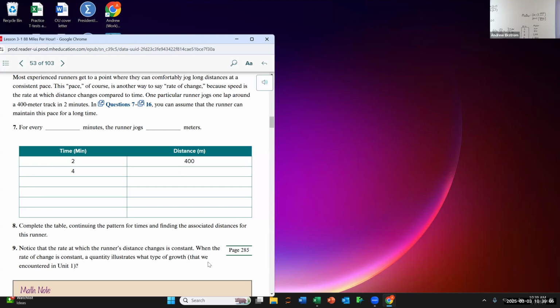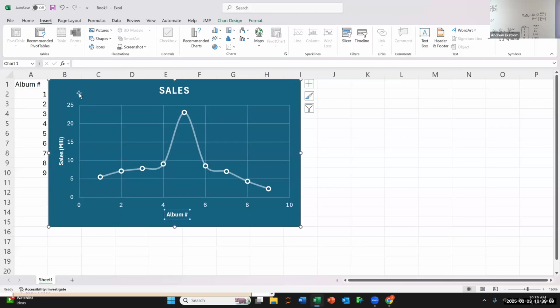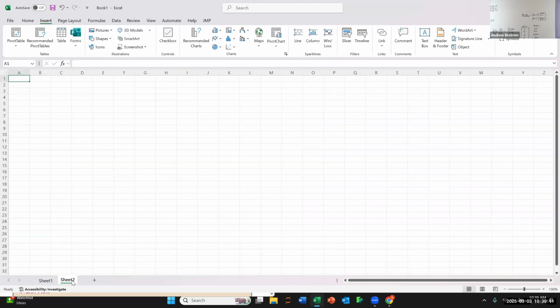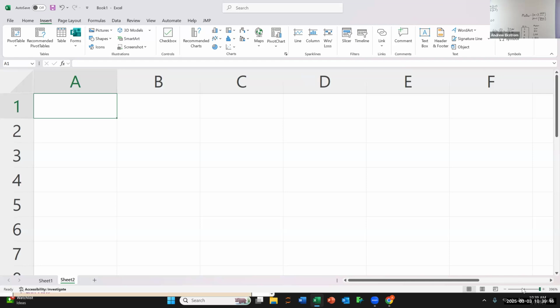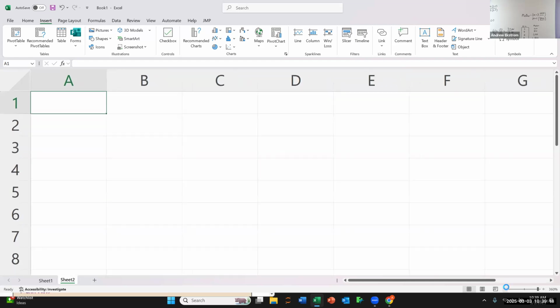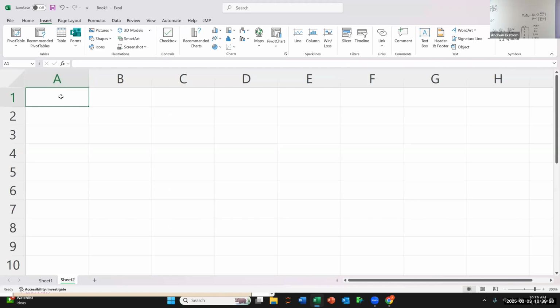So if we go to Excel real quick, anything here. So we've got minutes versus distance.